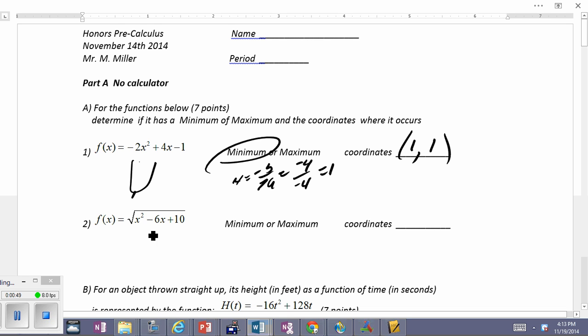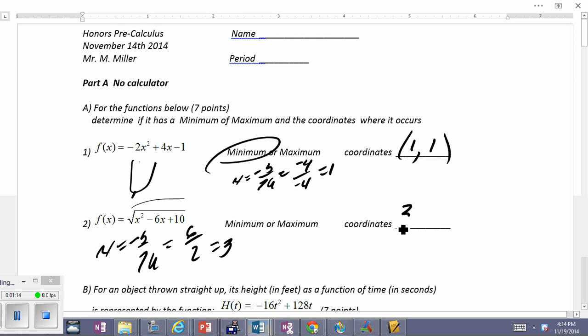What about here? This is quasi-quadratic. It's a quadratic underneath a radical, which makes it quasi-quadratic. X equals negative b over 2a is always used for quadratic or negative quadratic, not for anything else. Negative b over 2a is 6 over 2 times 1, which is 2, which is 3.